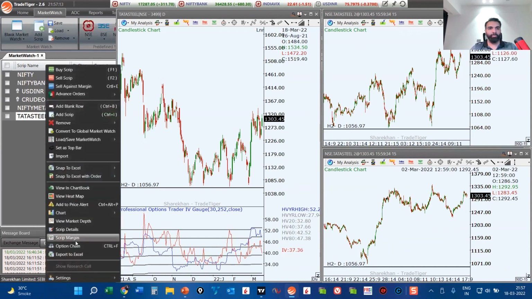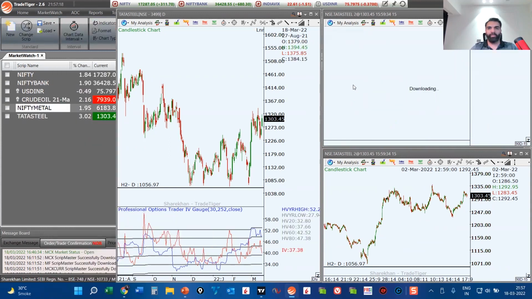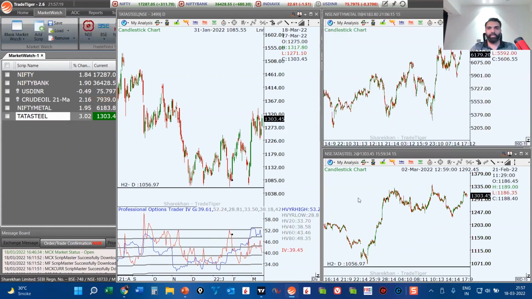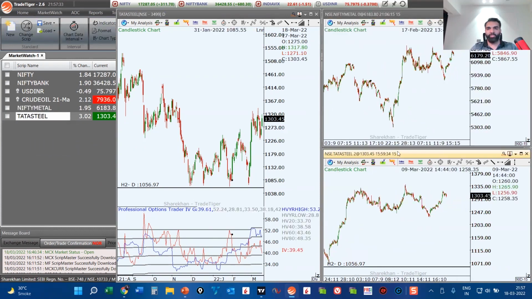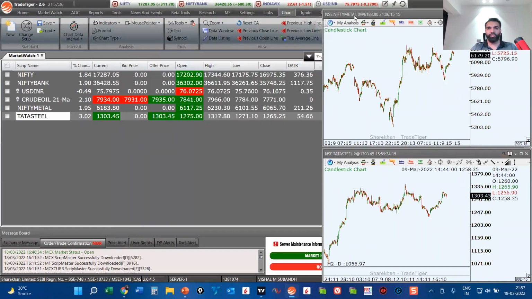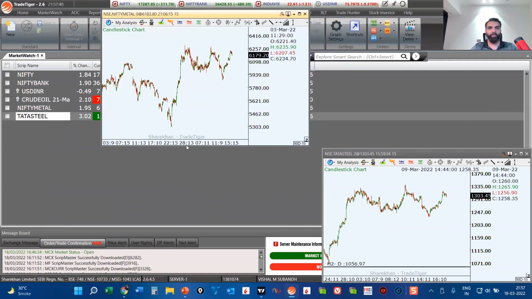Okay, so let me just remove the linking of the graphs here. So if you look at the Nifty metal sector at the top, and if you look at Tata Steel at the bottom, more or less these charts look like mirror images, right? So let me just close this chart. Let me put this side by side so you can see it nice and big.